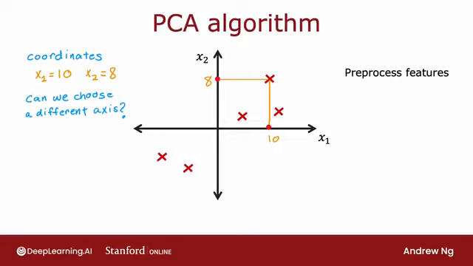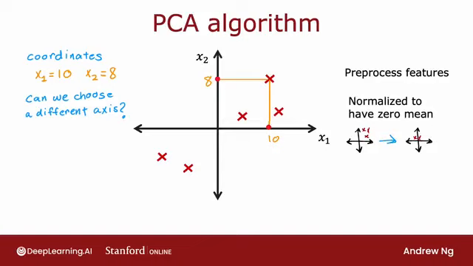One note on pre-processing. Before applying the next few steps of PCA, the features should first be normalized to have zero mean, and I've already done that here. And if the features x1 and x2 take on very different scales, for example, in our housing example, if x1 was the size of a house in square feet and x2 was the number of bedrooms, then x1 could be 1,000 or a couple thousand, whereas x2 is a small number.